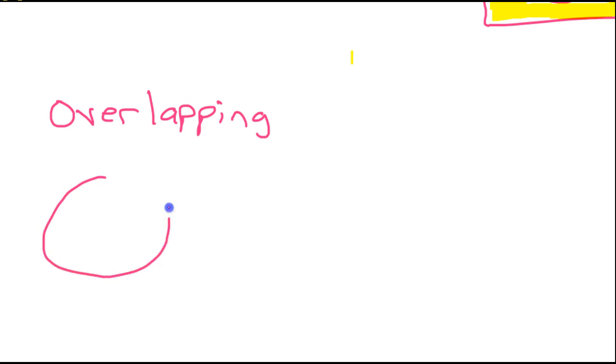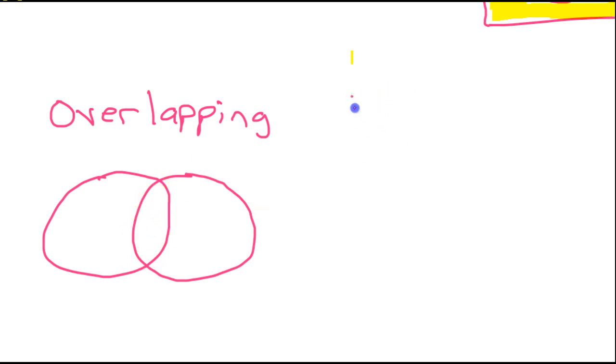All right, all of the sets we've been looking at so far were overlapping. Okay, because they have some elements in common. All right, see this overlapping part right here.